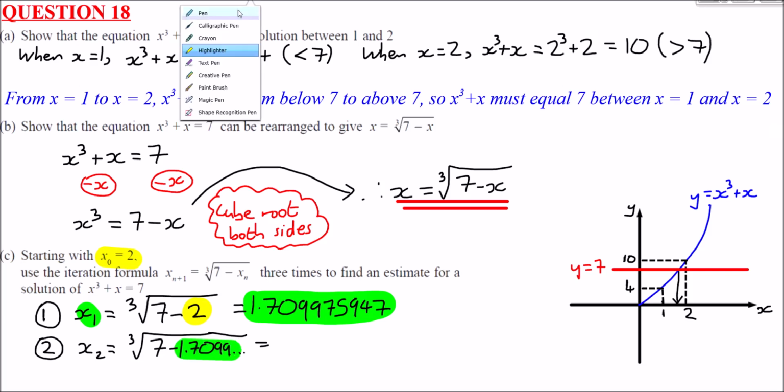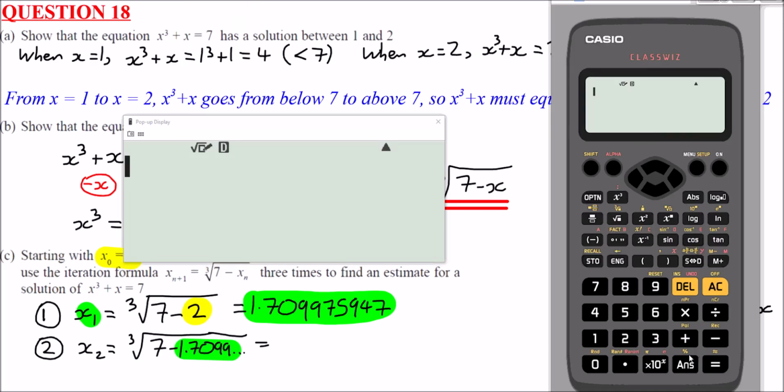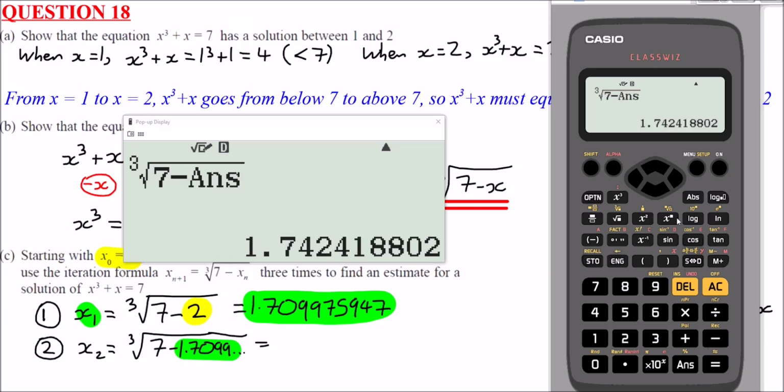Again, don't worry about mistyping on your calculator. Your calculator's got this answer stored. So what you can do next, because that's your answer stored, you can just press Shift, that to get your cube root, then just press 7 minus my previous answer. So the next one is going to be 1.7424.